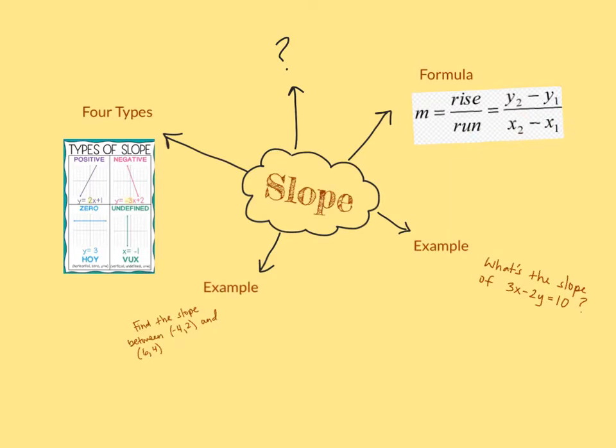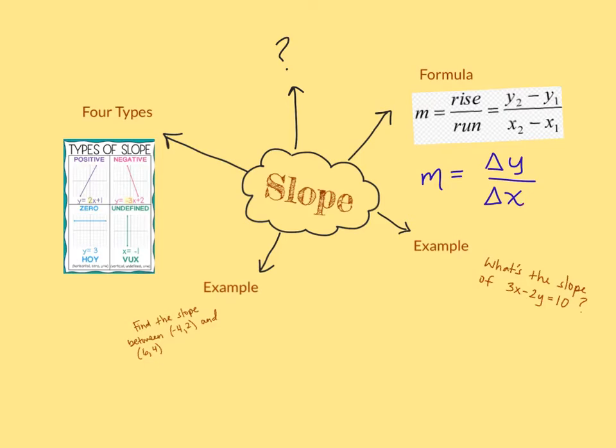The last way that you can write this, and the book touches on this, where m is just slope, is delta y over delta x. Delta is just a Greek letter, represented by this triangle, and it means change in. So this is how much we change in the y, and this is how much we change in the x. This is a third way that we can write slope.